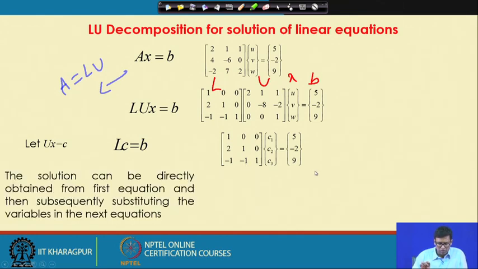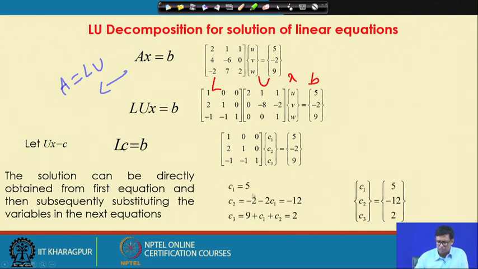The solution can be directly obtained from the first equation, then that can be substituted into the second equation, and then further substituted into the third equation, and so on for large systems. So, you can directly see c1 is equal to 5, c2 is equal to minus 12, c3 is equal to 2. So, Lc is equal to b can be solved in one step if LU decomposition is already available to me. Now, once we know c from Lc is equal to b, we will solve Ux is equal to c.